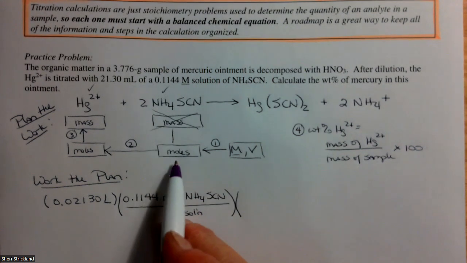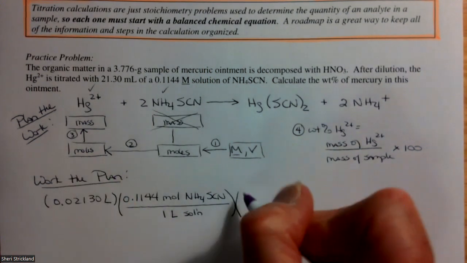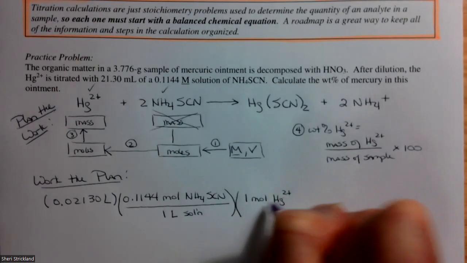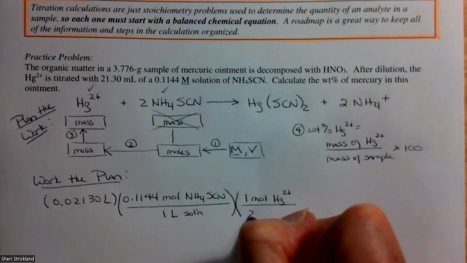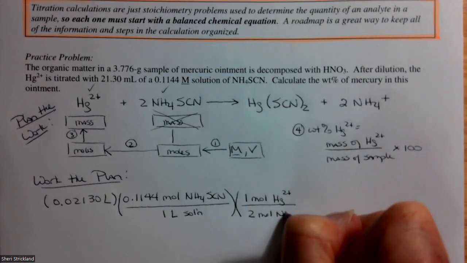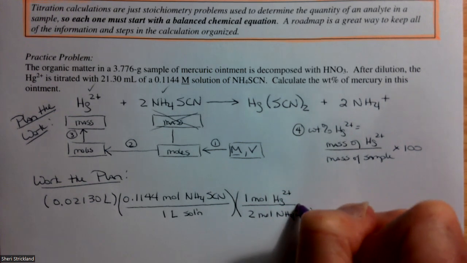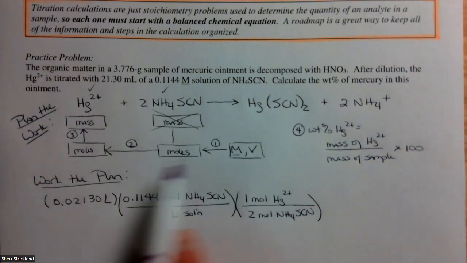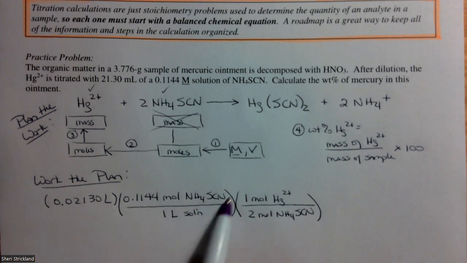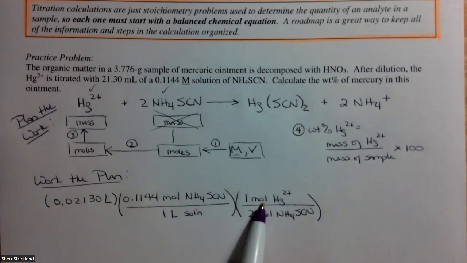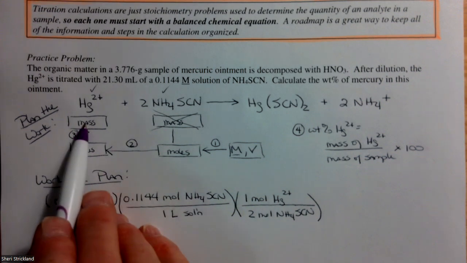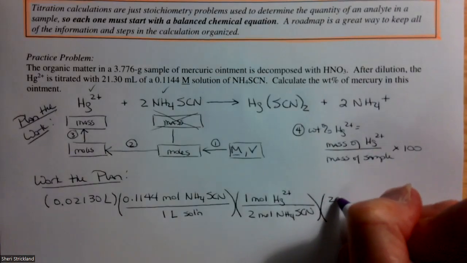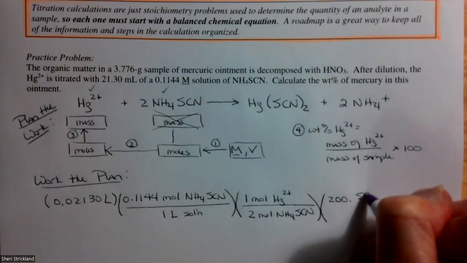And then to get to moles of the mercury 2 ion, we use the molar ratio. The molar ratio is just revealed by the coefficients in the balanced equation. So 1 to 2. So this has taken us to moles of this substance. This has taken us to moles of that substance, so we can get to the mass of the mercury 2 ion using its molar mass. And I'm going to give it to you this time.